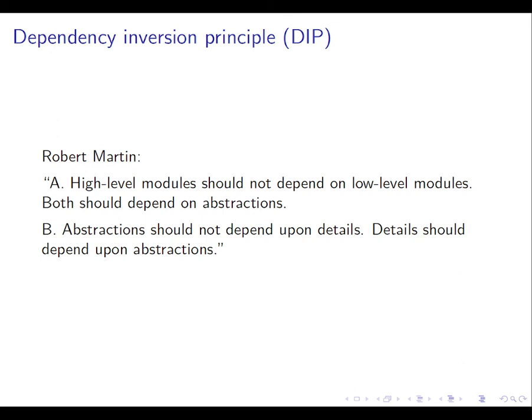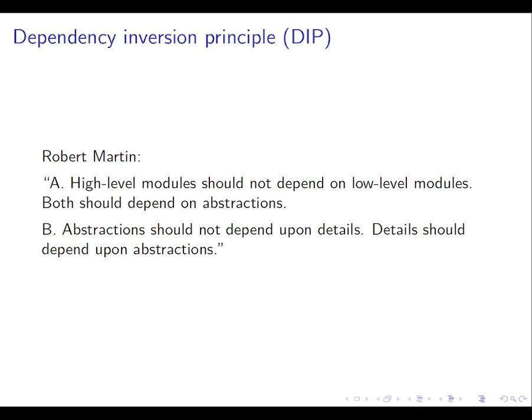And the final one is the dependency inversion principle, and this says that high-level modules should not depend on low-level modules, both should depend on abstractions. Another way of putting it, it's essentially the same thing, is to say that abstractions should not depend on details, details should depend on abstractions.